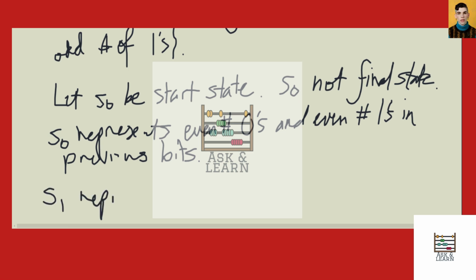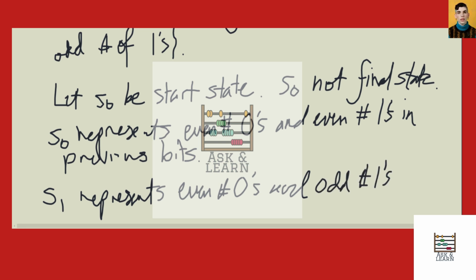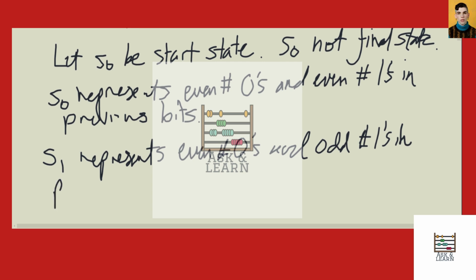S1 represents there were an even number of zeros and an odd number of ones in the previous bits. And because this is exactly the description of S, it follows that S1 is going to be a final state.